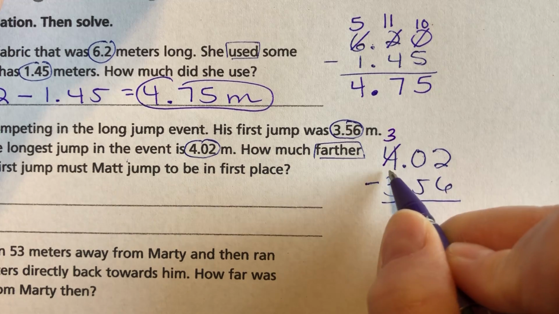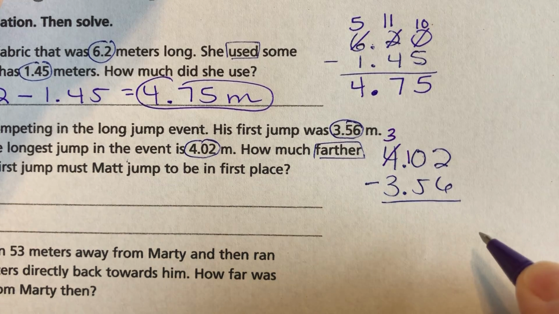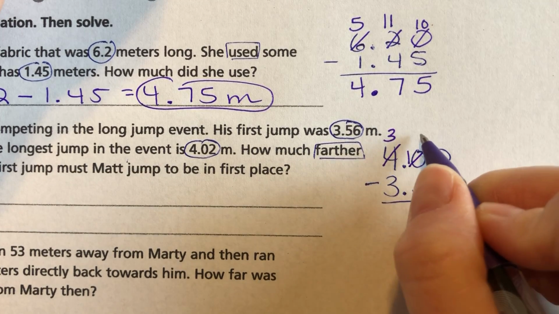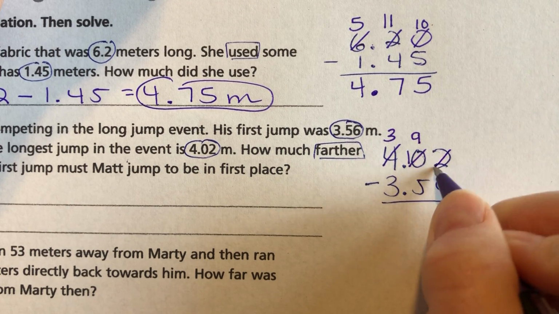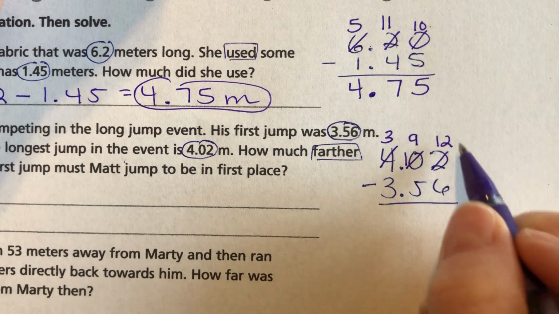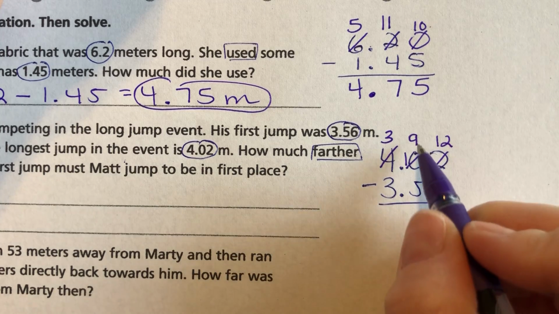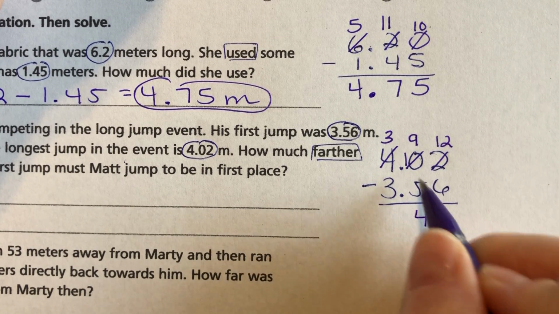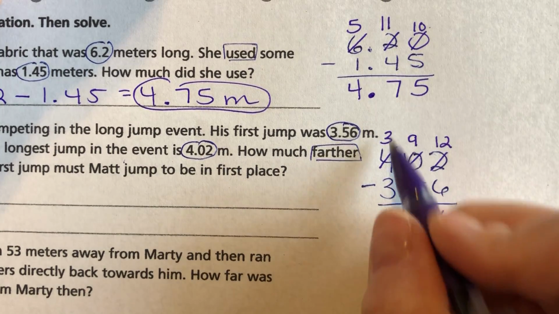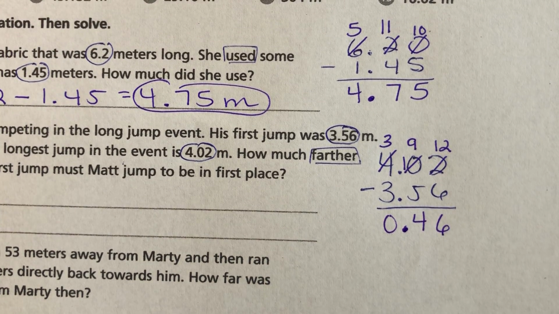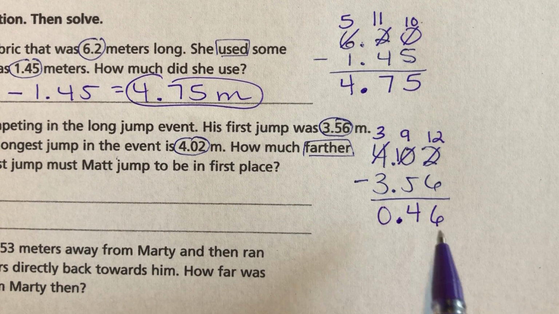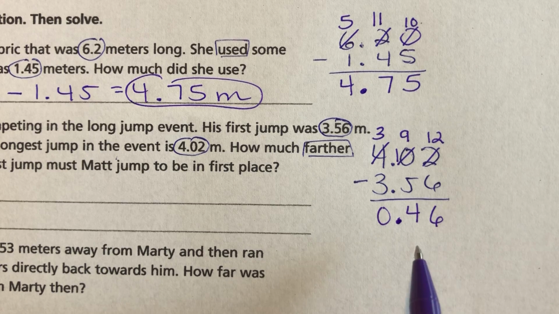The 4 would become 3, and I'm going to give 10 next door. So that would be 10. Now I can borrow from that 10 to give to this 2, which would be 12. So 12 minus 6 is 6. 9 minus 5 is 4. Build your snowman. 3 minus 3 is 0. So 46/100 is what you get.